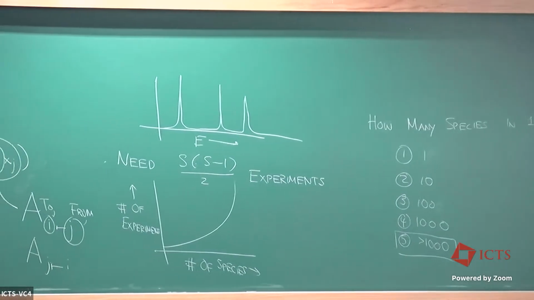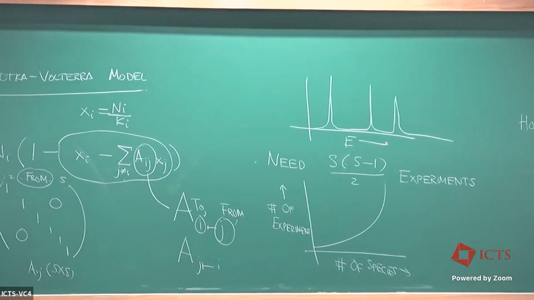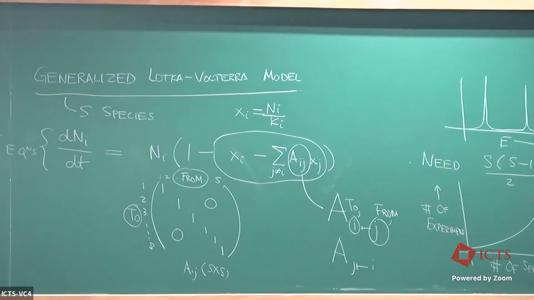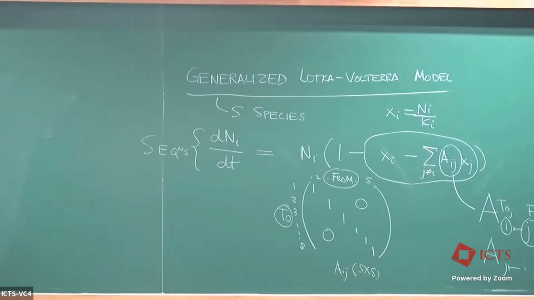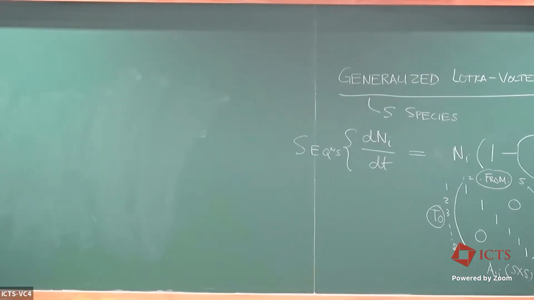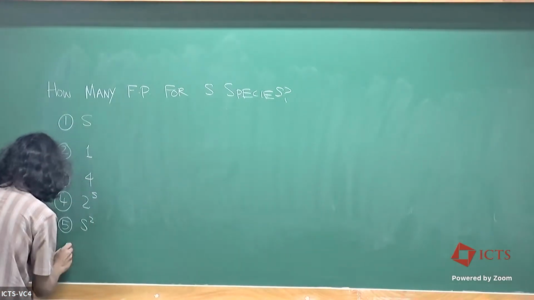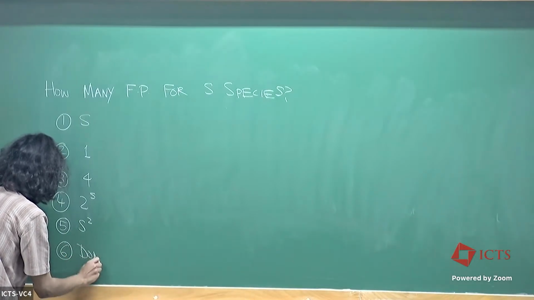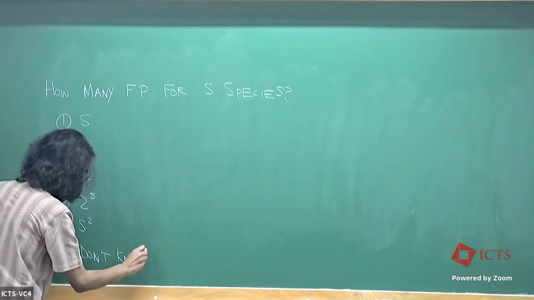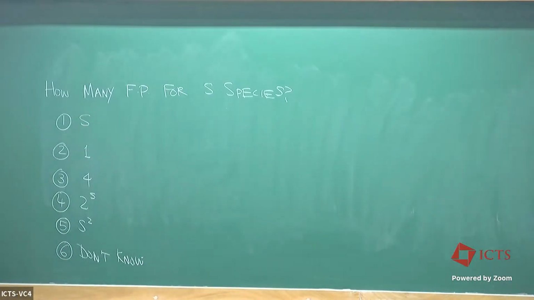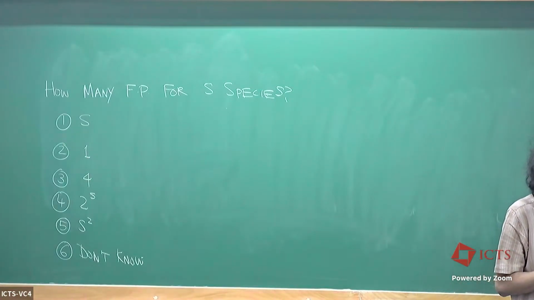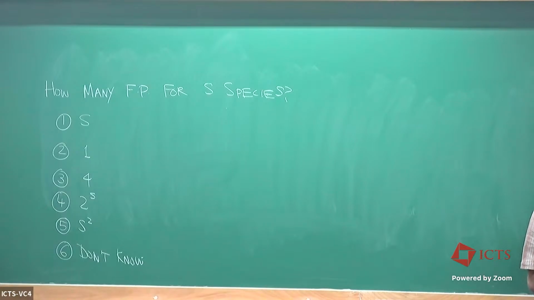For some given S species. Okay, think about this for 5 seconds. All right, ready? 3, 2, 1.